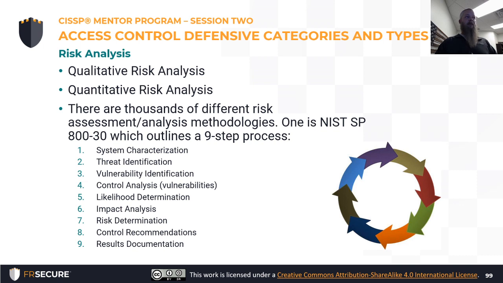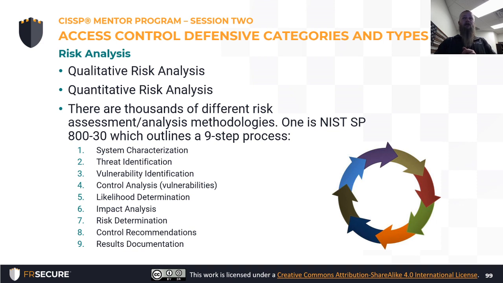There are thousands of different risk assessment methodologies. We have our own risk assessment methodology. There's the FAIR risk assessment methodology. There's NIST SP 800-30. There are tons of different risk analyses. You might see a reference to NIST SP 800-30 in the exam. NIST is the National Institute of Standards and Technology.